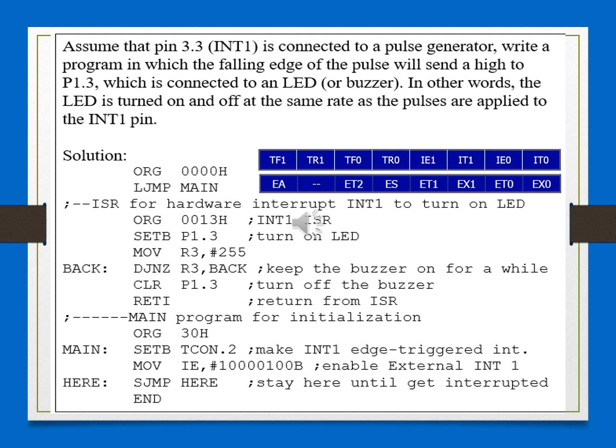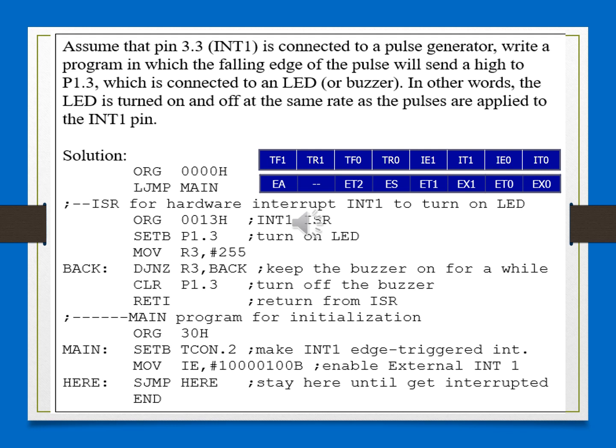This is just for beginners, to understand what happens when the interrupt occurs. Generally the program would not include this SJMP here. Then END. Now what happens if there is an interrupt?